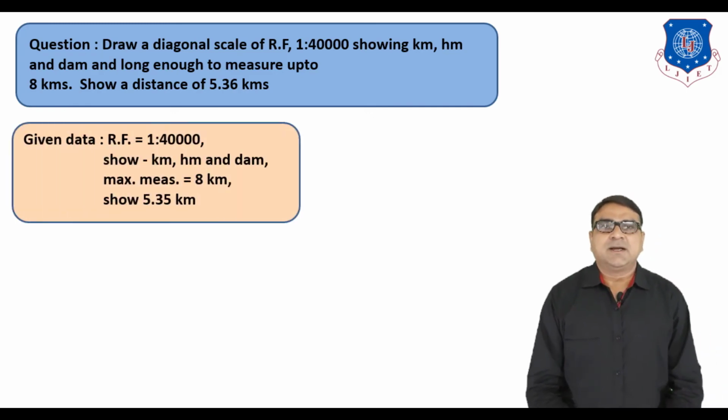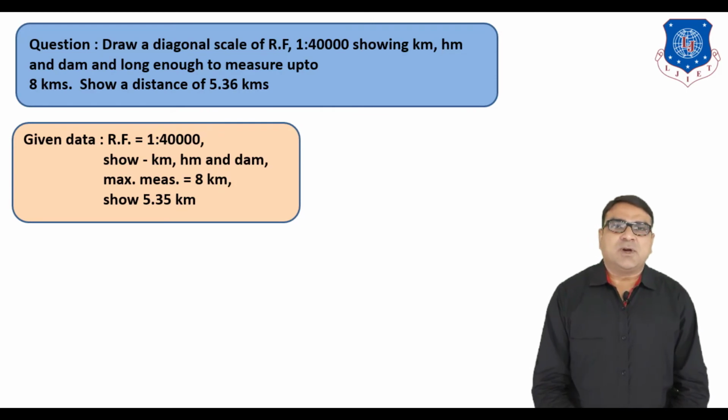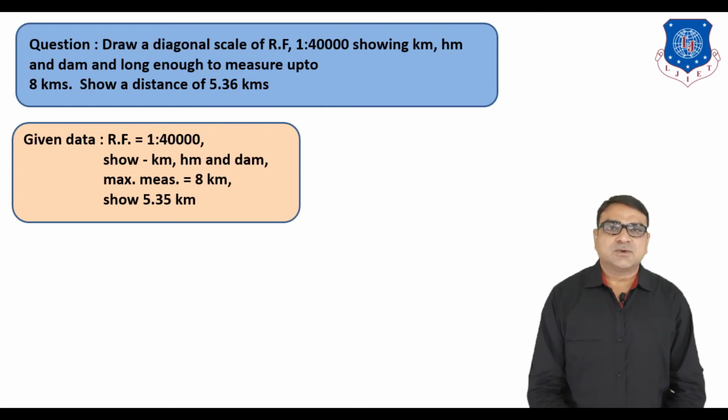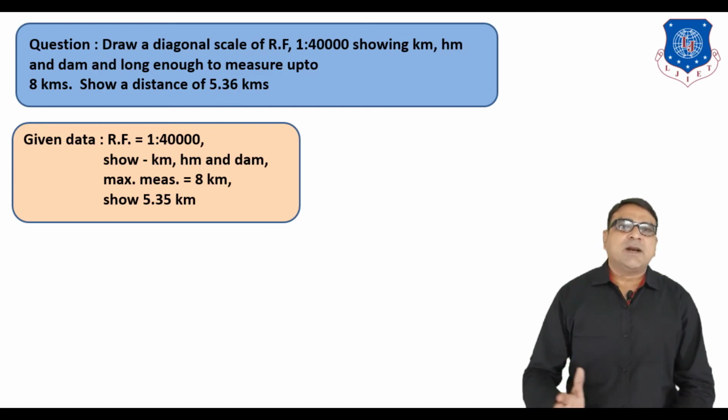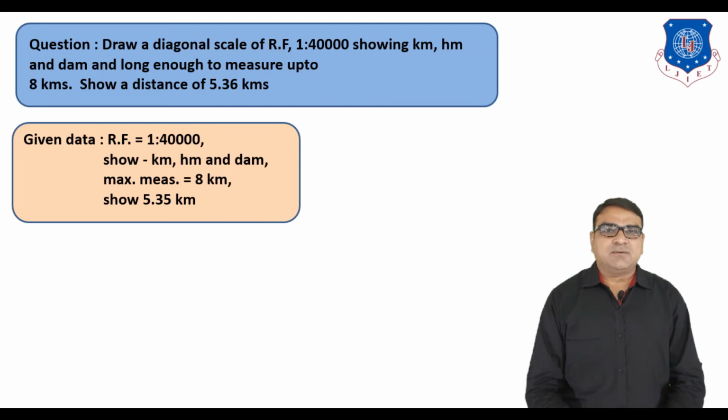So in the given data, RF is equal to 1 by 40,000, and we have to show three consecutive units: kilometer, hectometer and decameter. The relation between these three is 1 kilometer is equal to 10 hectometer and 1 hectometer is equal to 10 decameter.